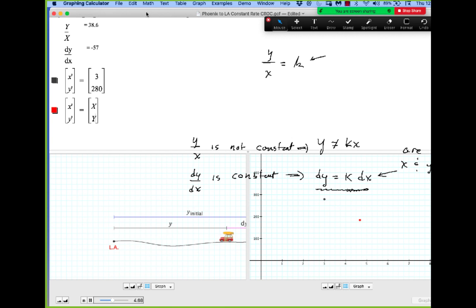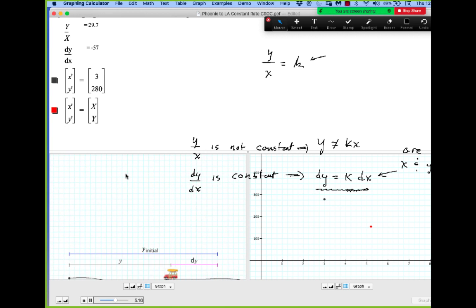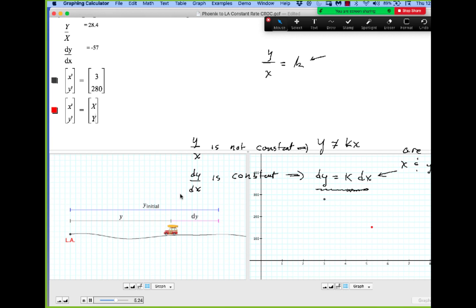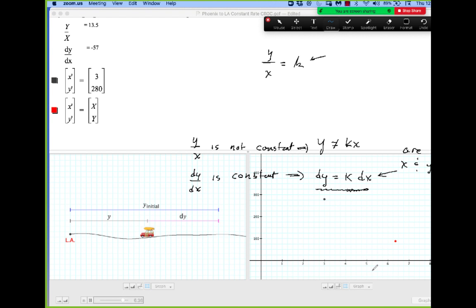Okay, so now I've given you another representation of this. I'm showing a point, and let's make sure we know what our quantities are here. This is X, which is time since Phoenix, and this is Y, which is distance to LA.